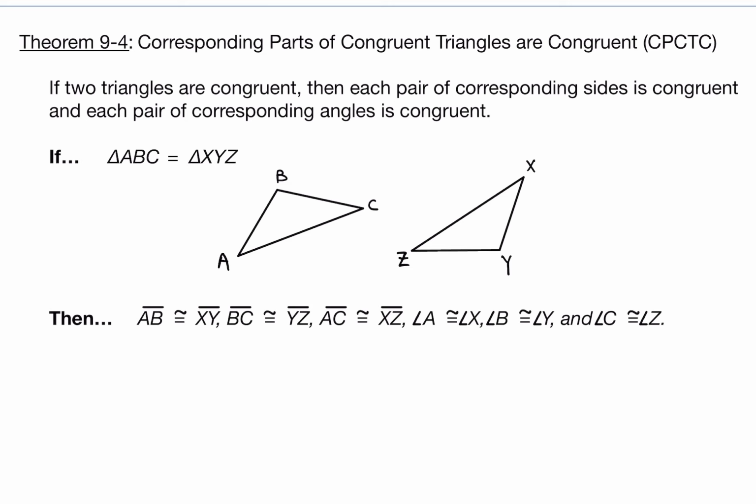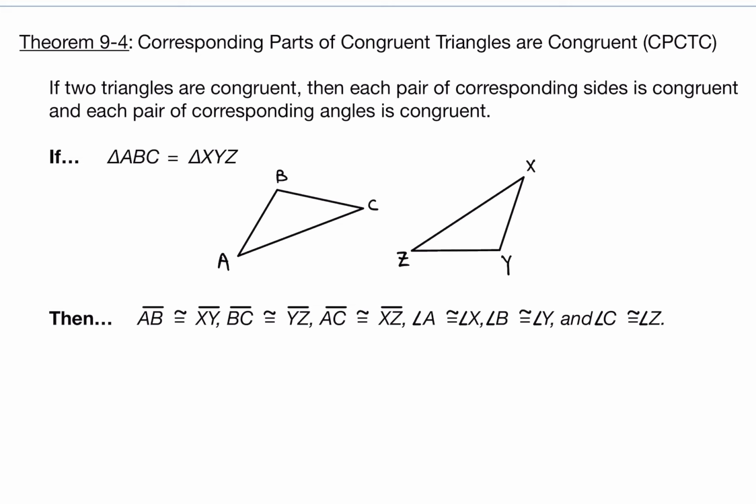For example, side AB is congruent to side XY, and the reason we know that is because we're told that both of these triangles are congruent. So because they are congruent, side AB is congruent to side XY, as stated down here.